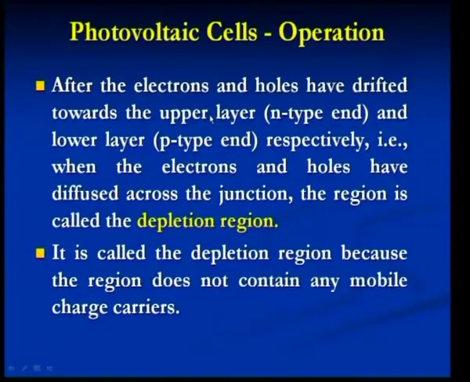During the operation, after the electrons and holes have drifted towards the upper layer, that is the n-type end, and the lower layer, that is the p-type end, respectively, that is, when the electrons and holes have diffused across the p-n junction, the region is now called the depletion region, because the electrons have drifted and the holes have also drifted.